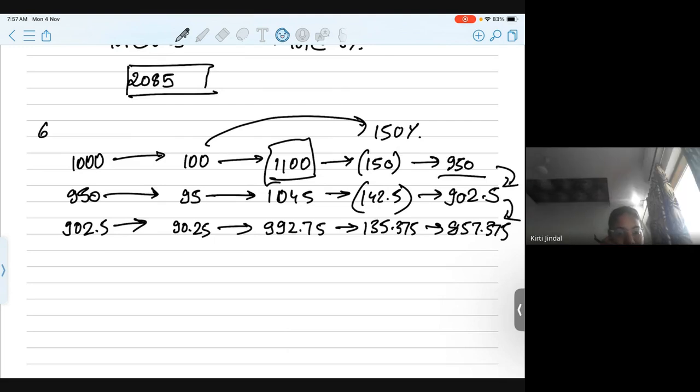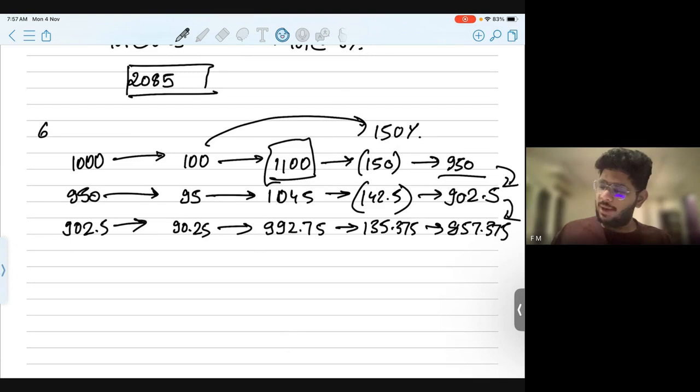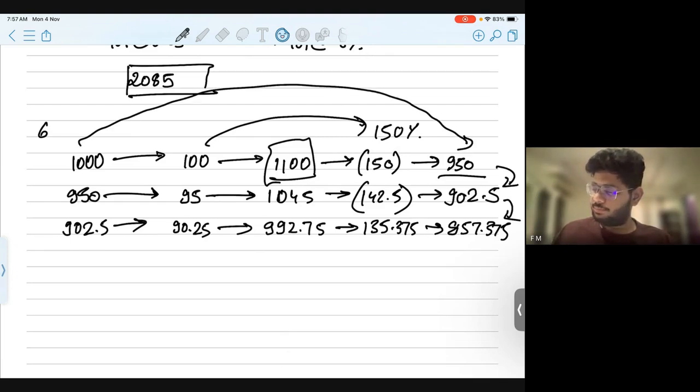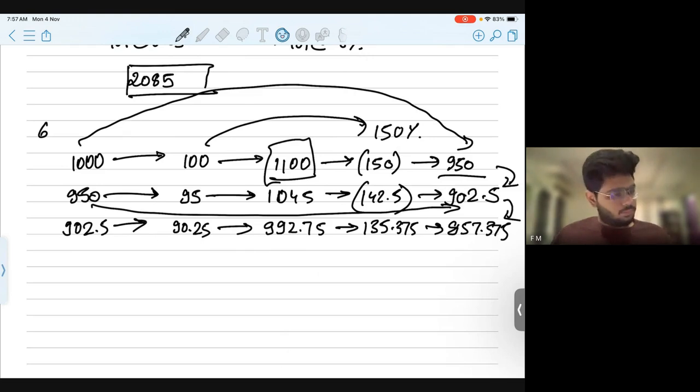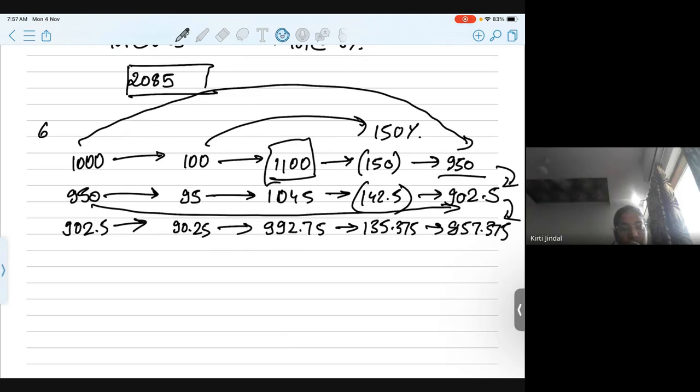Compare these two figures. 50, then 48, then 46 might be.